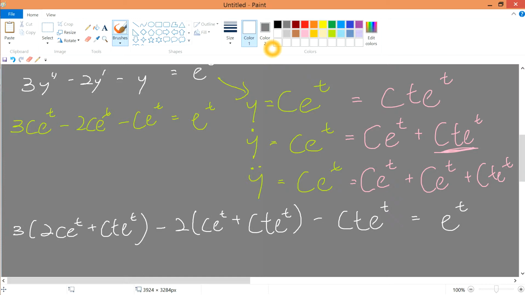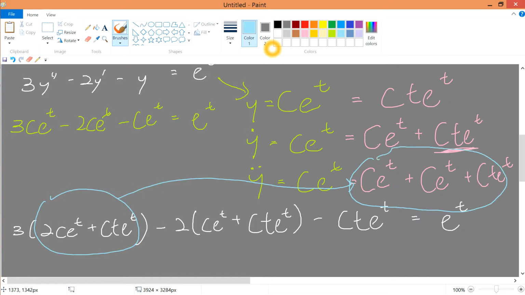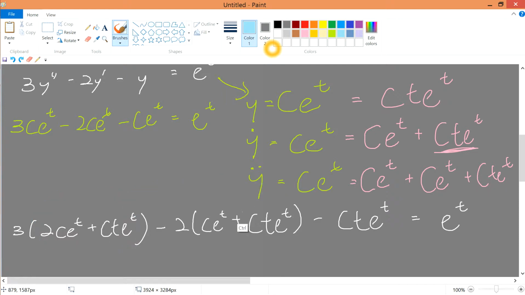So when I sub in, this is the case, and if you wonder what this is, I'm simply subbing in these three things over here. So Ce^t plus Ct e^t, I have two Ce^t, so this is what I wrote over here, and Cte^t is this one. And then this term is simply y prime, and this term is simply y itself.